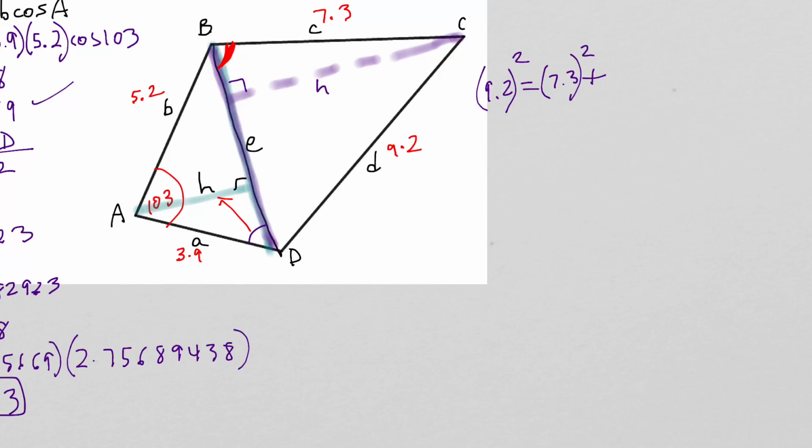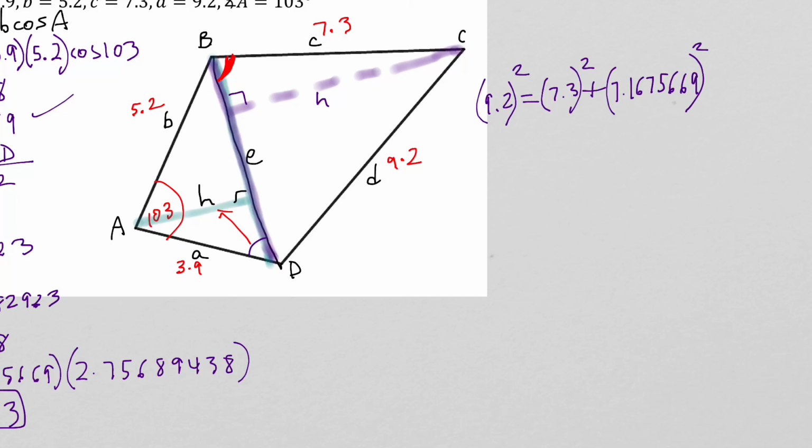So that number was, that's E squared. Now I need minus 2, I'm running out of room here, 2 times 7.3 times that number times the cosine of the angle B. So the next thing I'm going to do is take 9.2 squared, subtract 7.3 squared, subtract this E squared, and I'm going to get a number on the left-hand side.